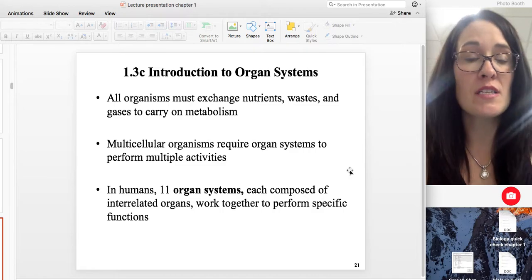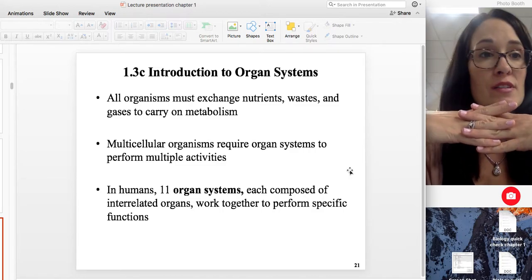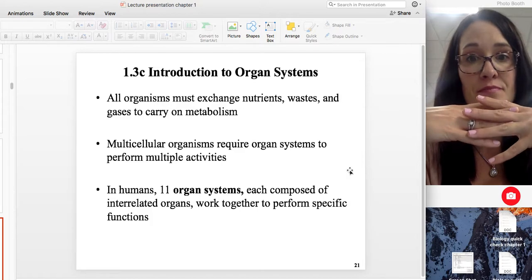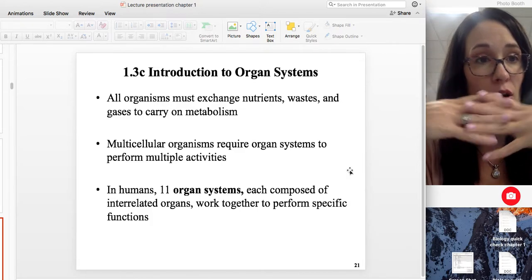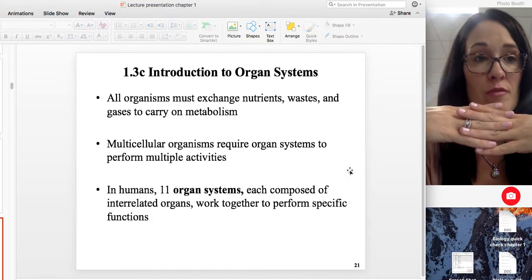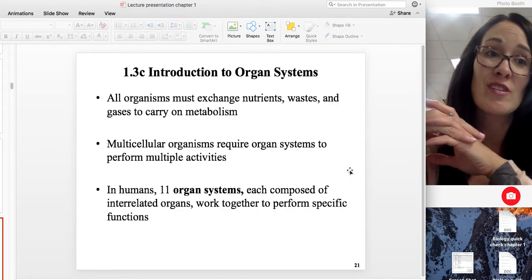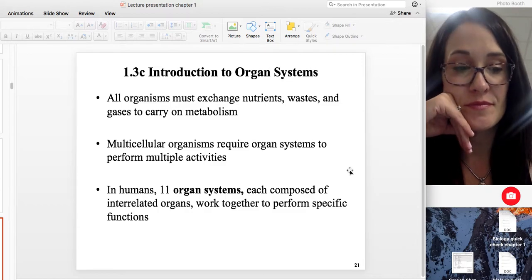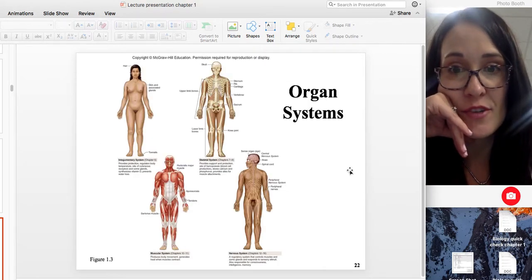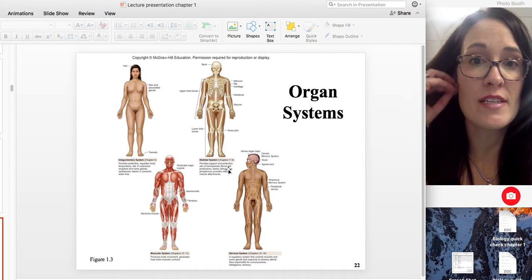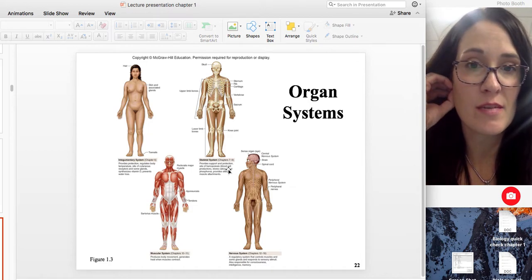All organisms need to exchange nutrients and waste to carry on metabolism. And different organ systems have to perform the activities, and there are 11 different types. This shows the integumentary, skeletal, muscular, and nervous systems, and it lists their functions.